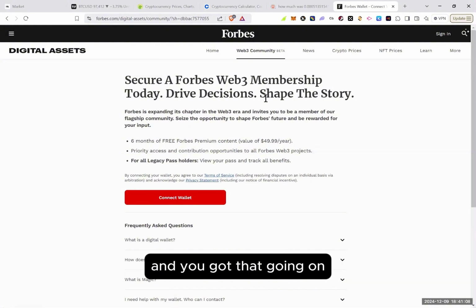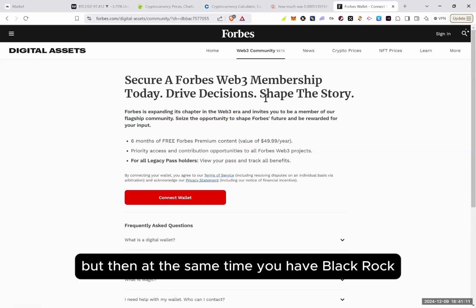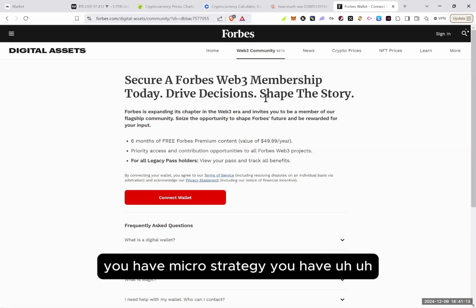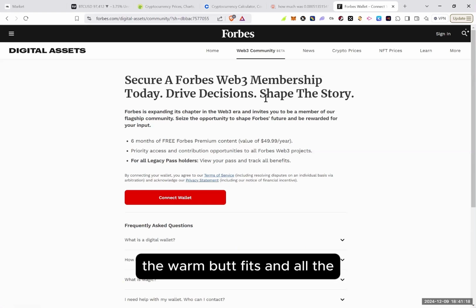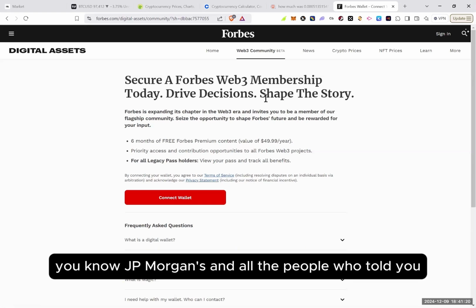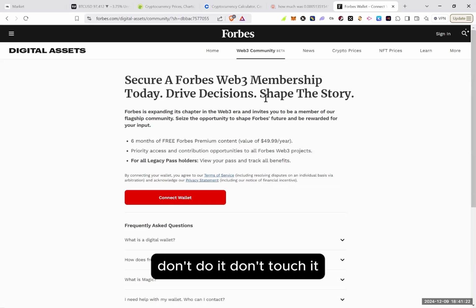And you've got that going on, but at the same time, you have BlackRock, you have MicroStrategy, you have the Warren Buffetts and the JP Morgans, all the people who told you, hey, crypto's a scam, don't touch it.